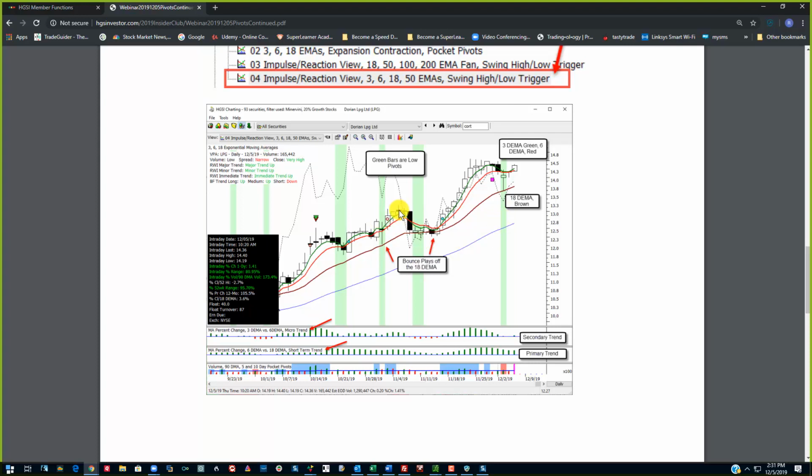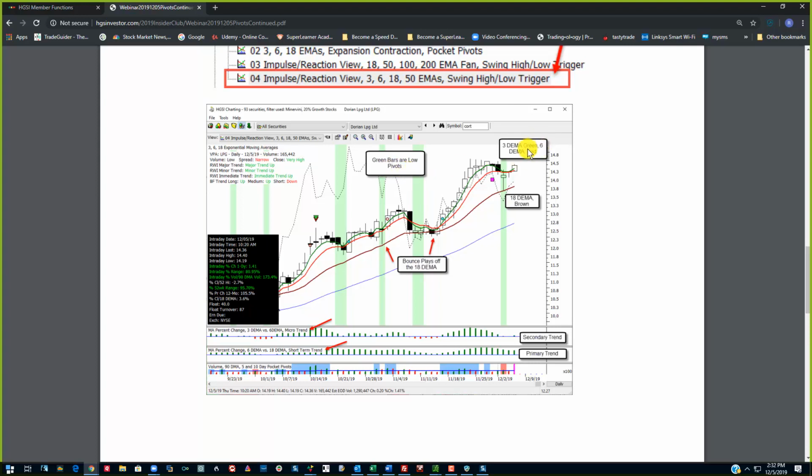So sometimes you'll see a stock come down, and it won't generate a pivot or a green line. It's because it didn't make it up to the 30%. But generally, that has worked out very well. So the green bars are all low pivots.